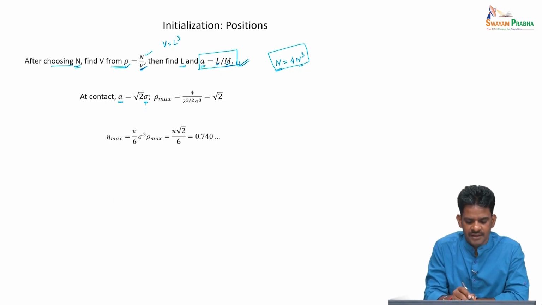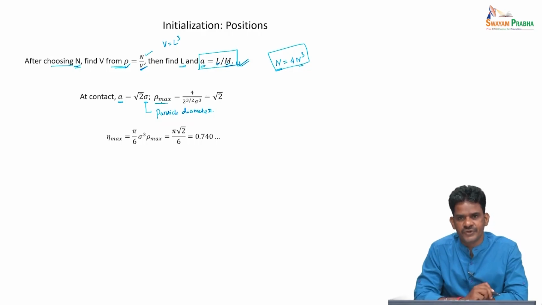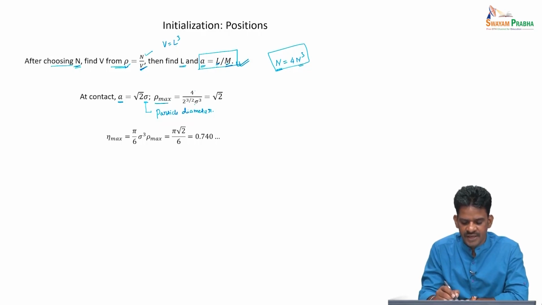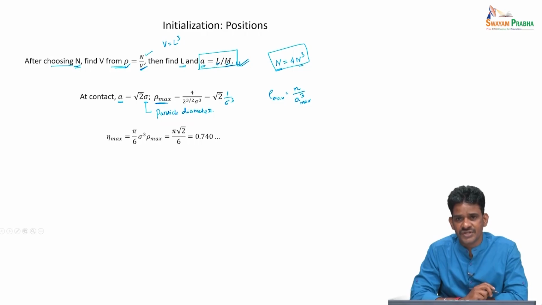Sigma here is the particle diameter. Then we calculate the maximum density that is possible, which is N by A cubed. Remember, rho max here is N by A max cubed, and this A is given as square root of 2 times sigma, and when you substitute, you can see that rho max is given by square root of 2 divided by sigma cubed in dimensional units.